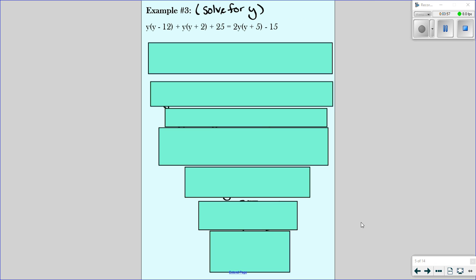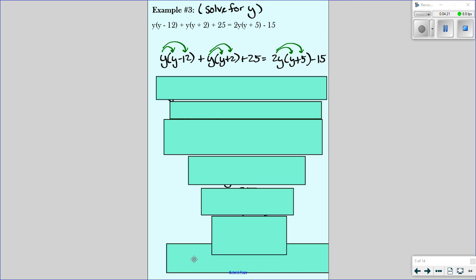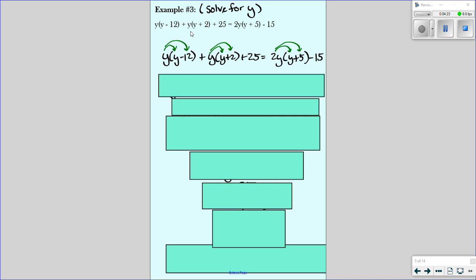Next example. For this one, we have to solve for y. So notice that there's an equal sign. Anytime you see an equal sign, you know that we're solving for some variable that they're asking us to solve. So, same steps. Distributive property. So I did that for any section where it's needed.